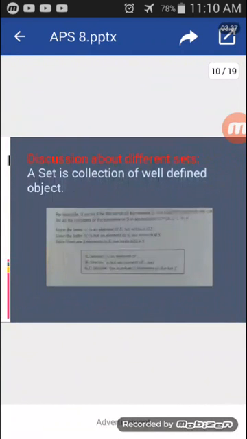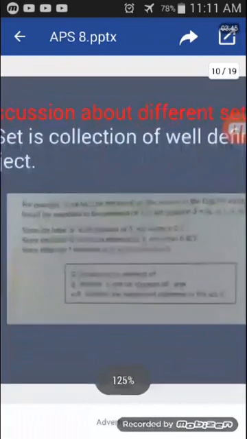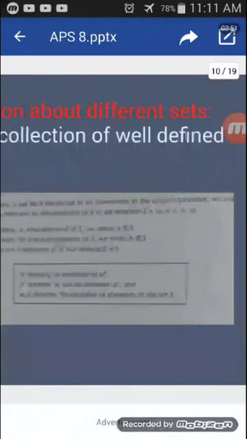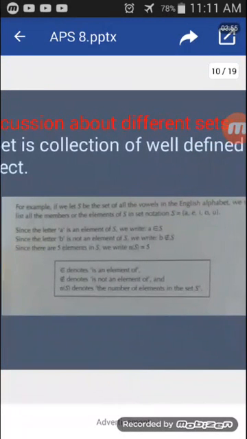Discussion about different sets. A set is a collection of well-defined objects, meaning distinct objects. For example, if we let S be the set of all the vowels in the English alphabet, we list all the elements of S in set notation: S = {A, E, I, O, U}.